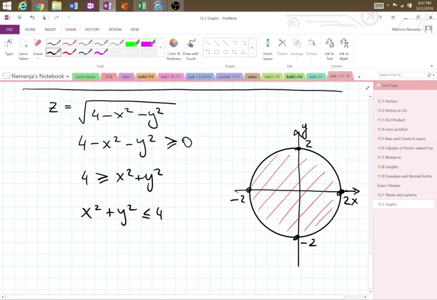The next thing we're going to talk about are level curves. Level curves are lines that appear on the object when you cut the object with a z equals a number plane.